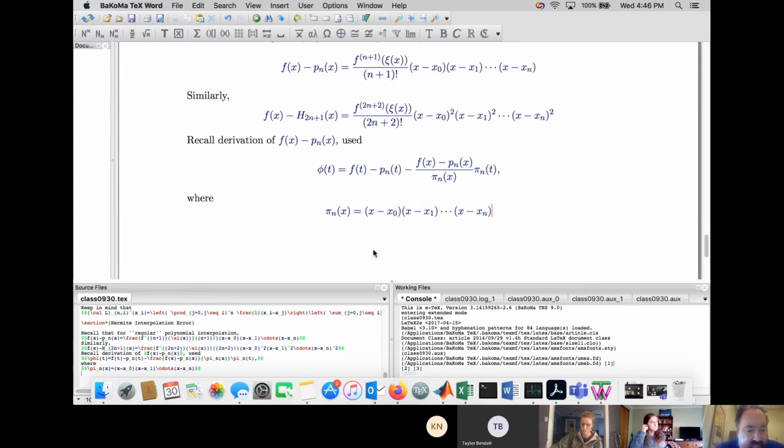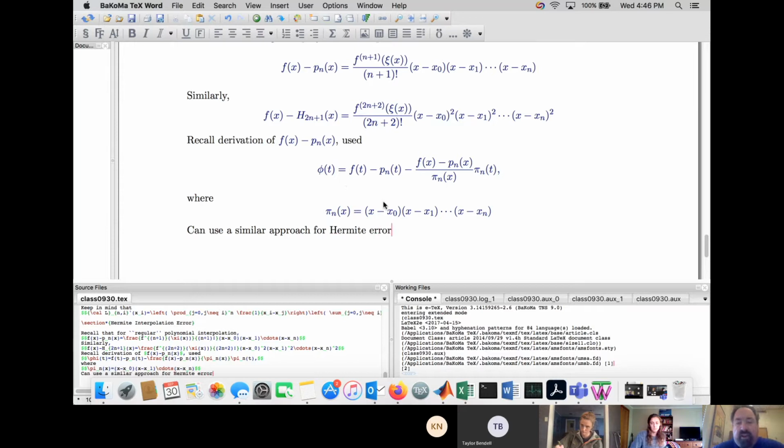Now, you can use a similar approach for the Hermite interpolation error, coming up with a function like this. Okay, and I actually want to add to this, using not just this, but also repeated use of Rolle's theorem.